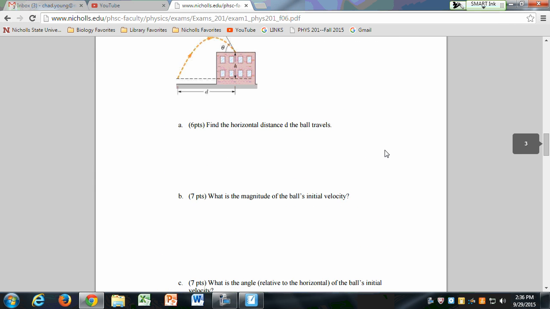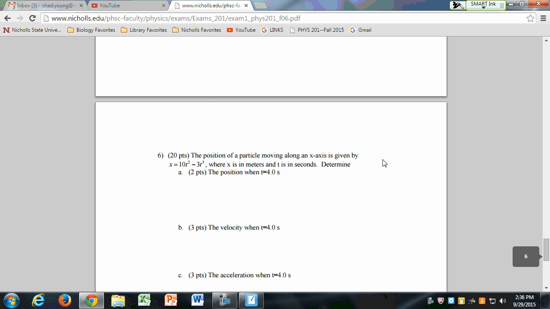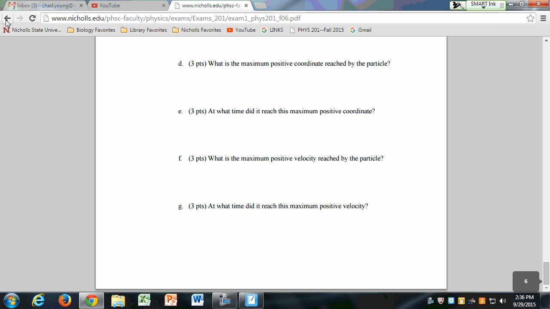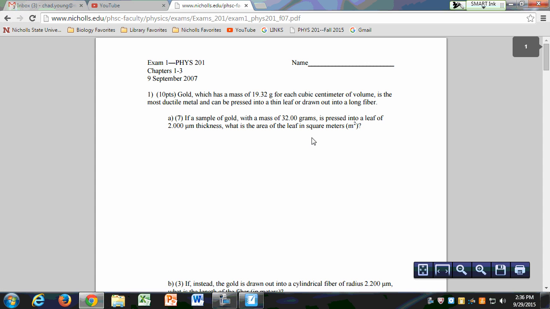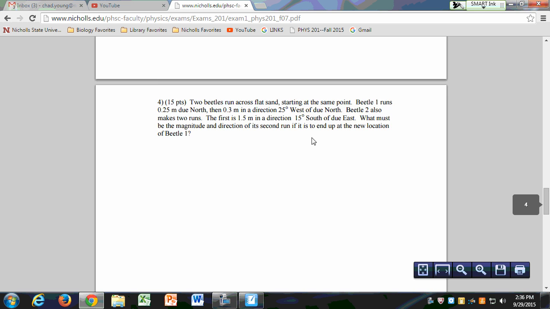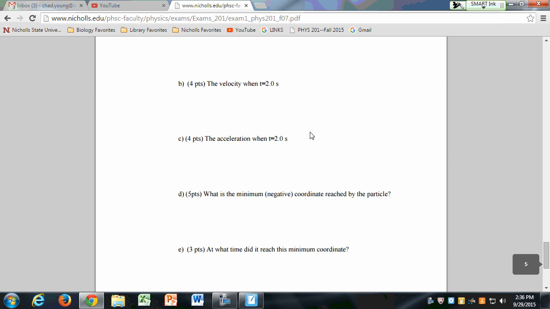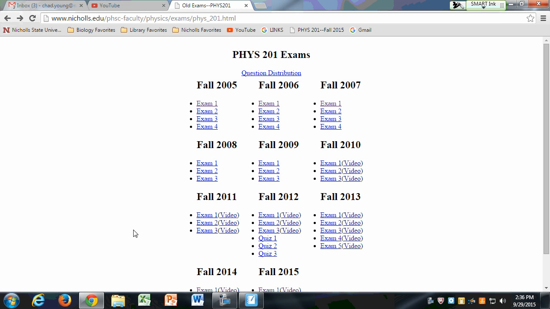I think that was it. Let's look for a two-body problem. That was follow 6. Generally, I wouldn't go this far back because sometimes my tests were difficult, sometimes they were easy.